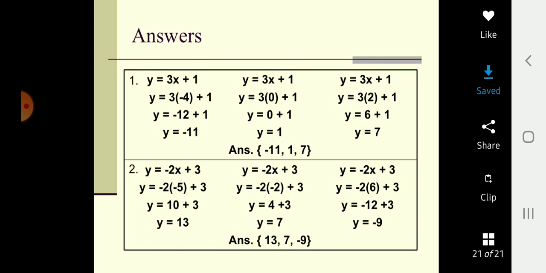Then y equals 3 times 2 plus 1. 3 times 2 equals 6, and 6 plus 1 equals 7. So the range values are negative 11, 1, 7.